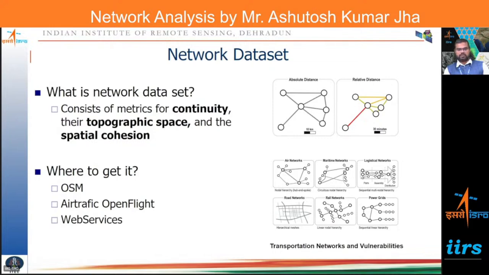Those kinds of network data sets or matrices can be built into the form of networks, and then we can use them for multiple applications.